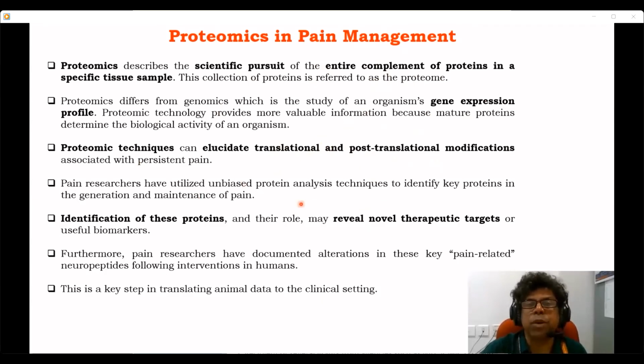And identification of these proteins is important, so you will reveal novel therapeutic targets. And there is a lot of preclinical and clinical research going on, understanding the role of proteomics and metabolomics in pain.